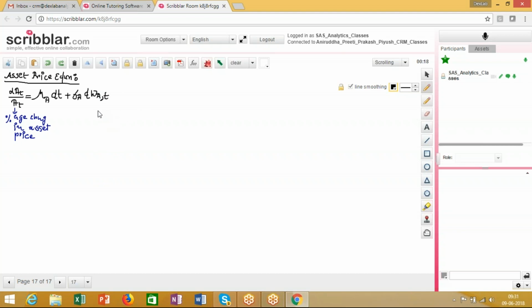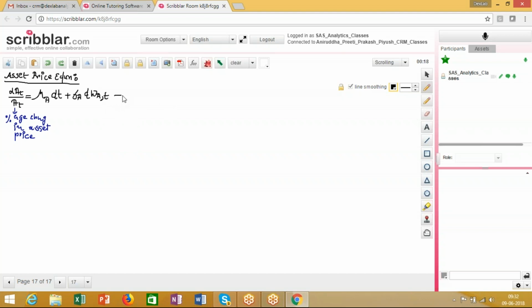So this is what the asset price equation is. Let us first try to understand what this particular part is all about. What is this mu A? What is sigma A? What is dW_t? What does this mathematical equation mean?